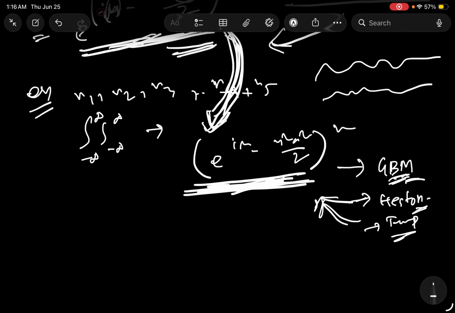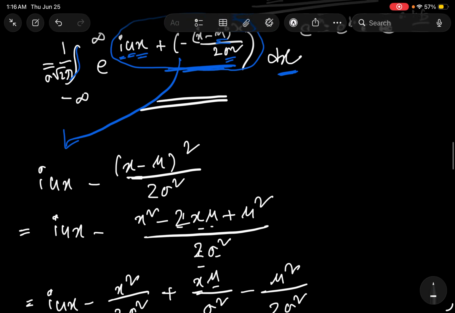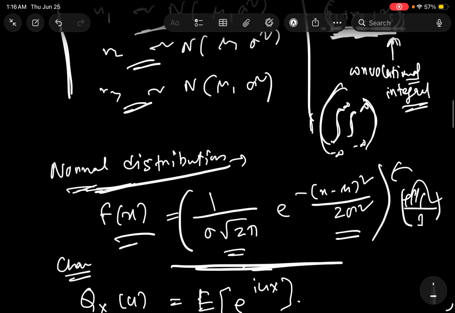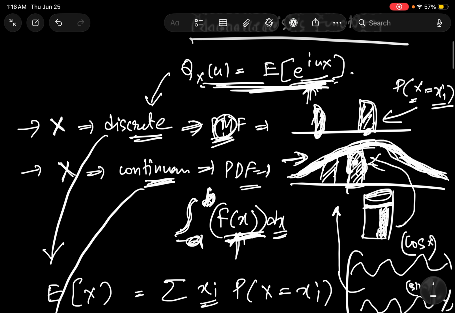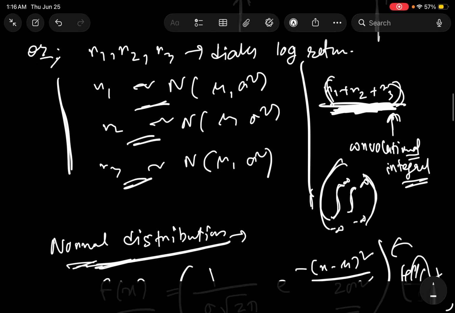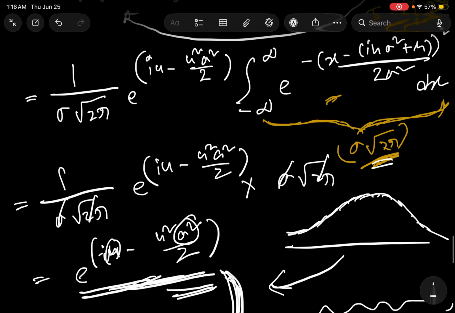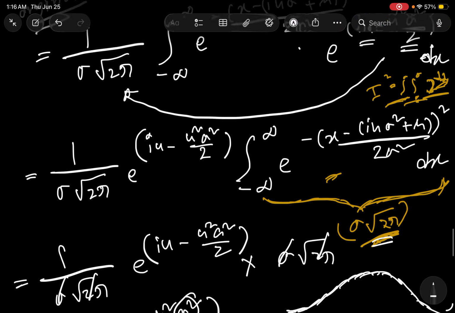We're going to cover those videos in future, but the primary purpose of this video was to show how, by solving the normal distribution using the characteristic function form, this expectation form, we can derive a simplified structure of the same probability distribution but in a wave-like form. So that was the purpose of the video.